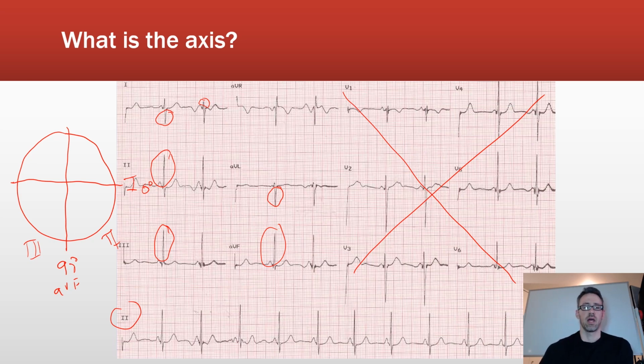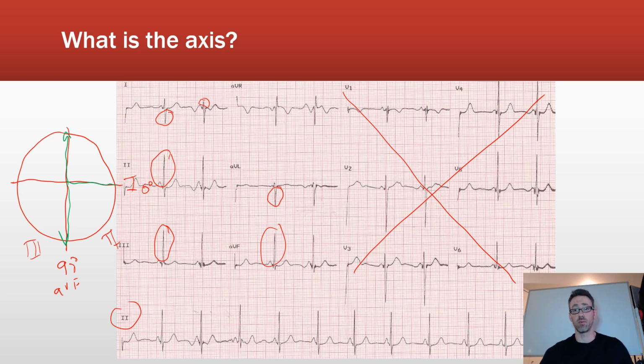All right. I'm going to use a different color here, but if it were exactly 90 degrees from 1, that means it would be either heading towards AVF or away from AVF. But since AVF is upright, that means it is heading towards AVF. It's not exactly 90 degrees.